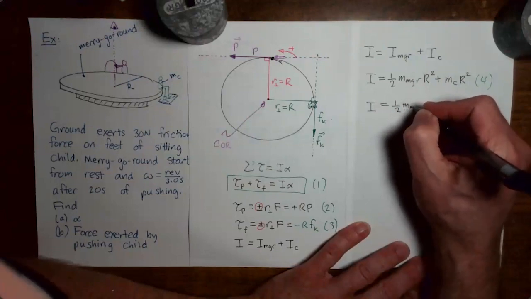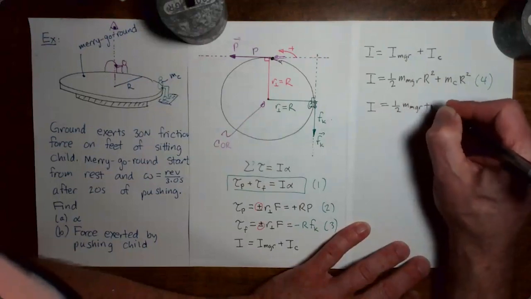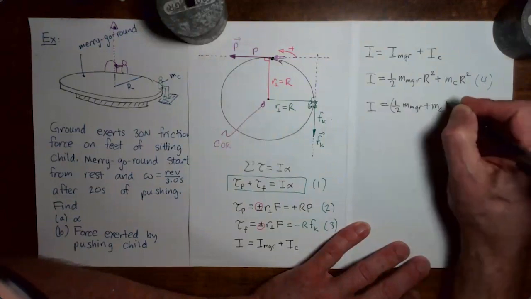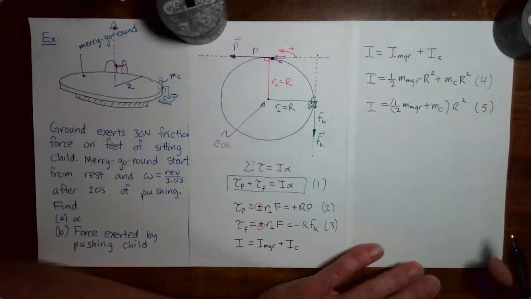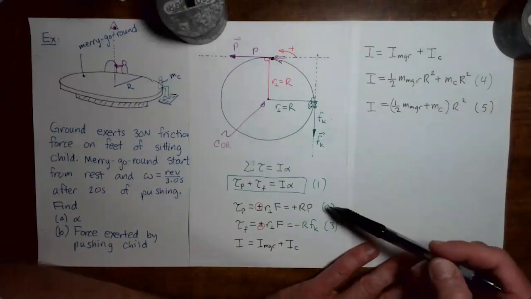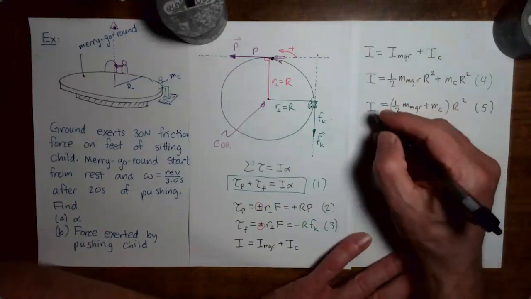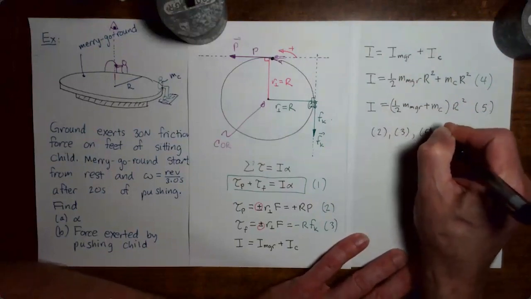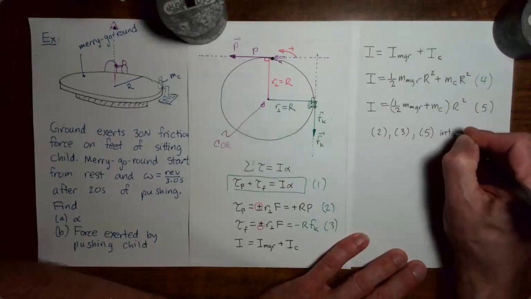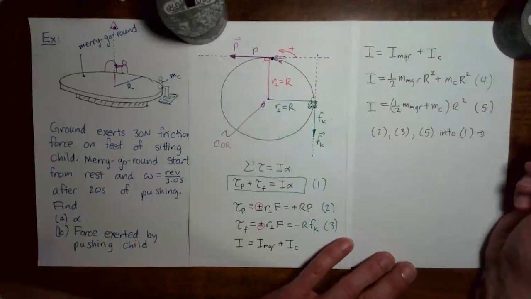That'll make things a little cleaner. We can call this equation 5, I guess. Okay, so now we're going to take 2, 3, and 5 and put them into 1. Okay, let's see what we get.